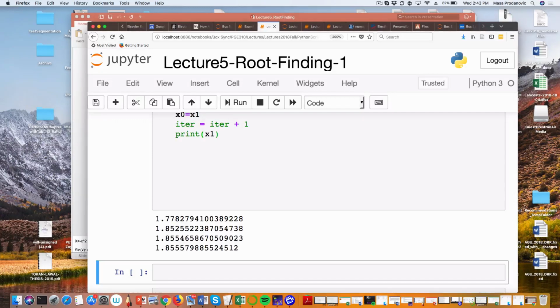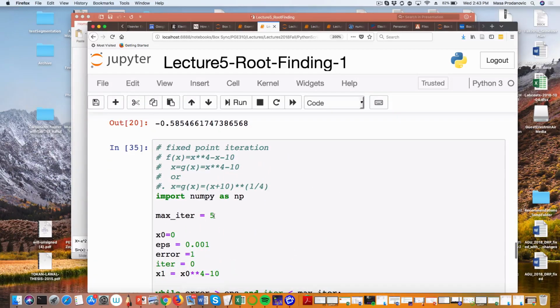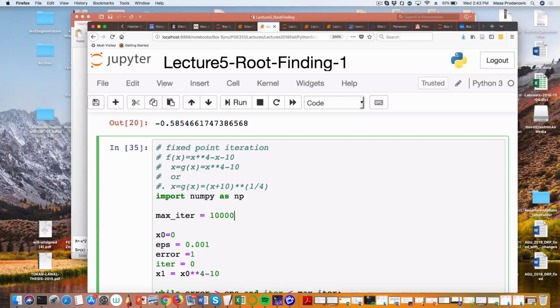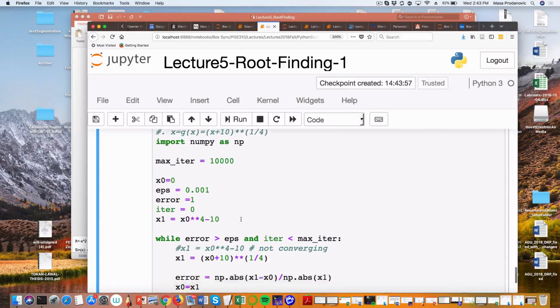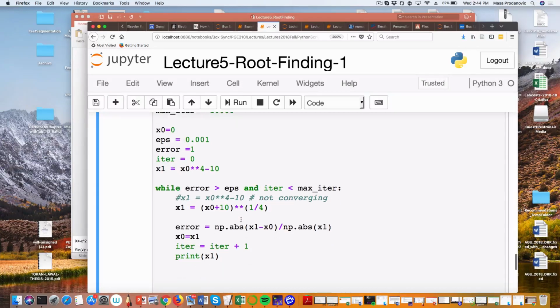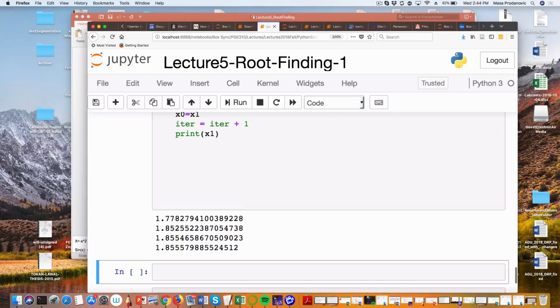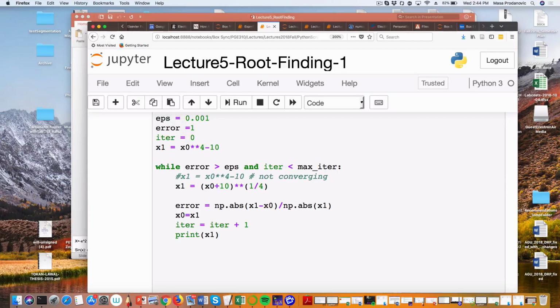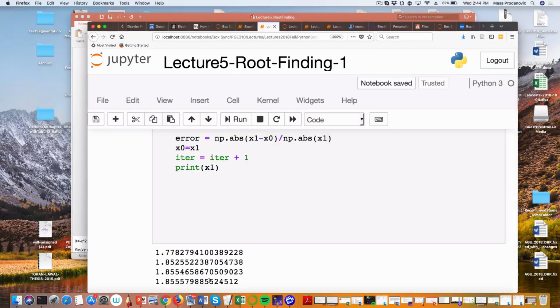This is how you can see that it's actually starting to converge. So this one I could probably let go. And actually it's done after 4 iterations. These 2 iterations are close enough.